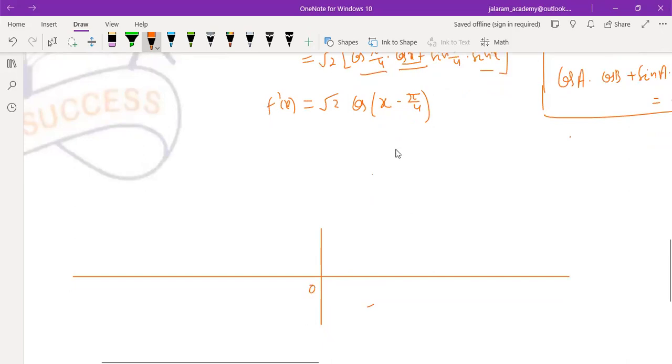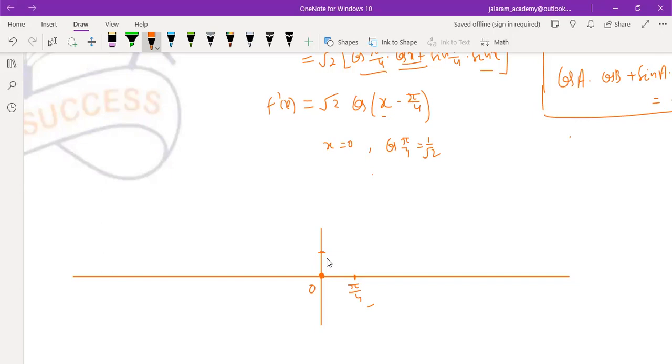So this is the origin. If you take x equals 0, can you tell the value of f dash x? 1. Cos pi by 4 equals 1 by root 2, and if you multiply it by root 2, it will be 1. Then at x equals pi by 4, root 2.